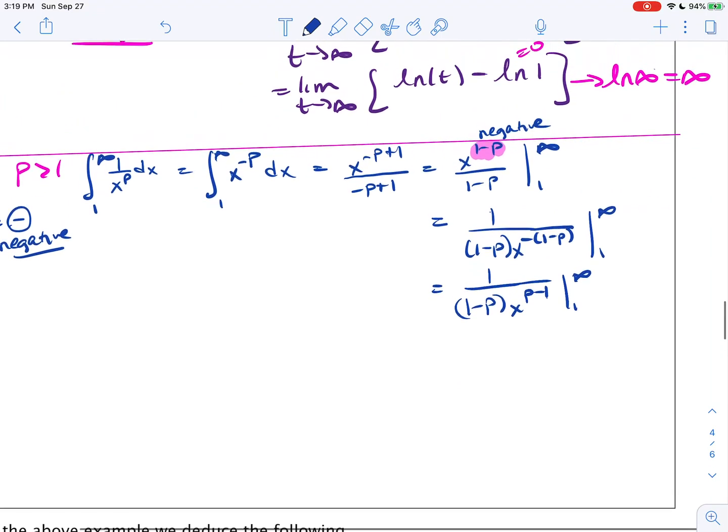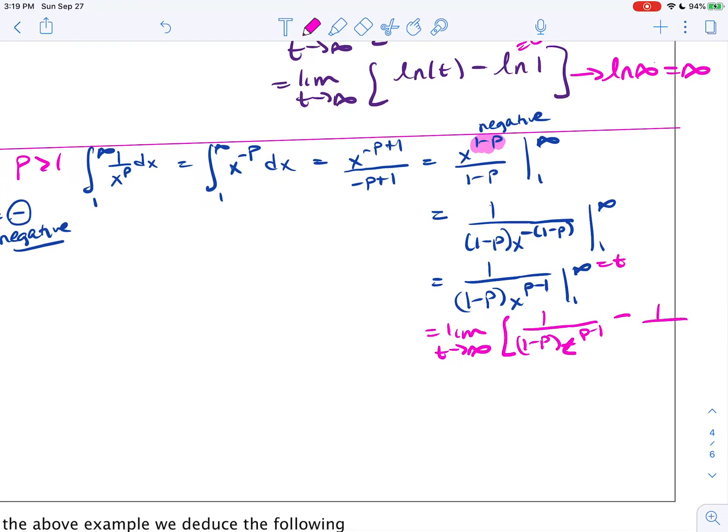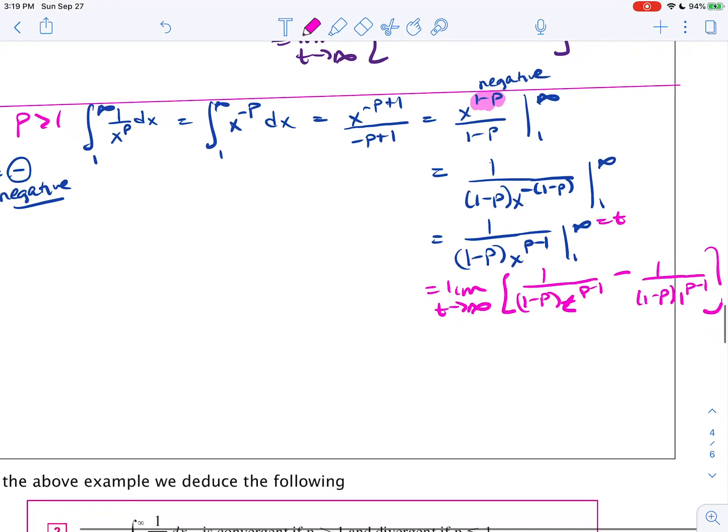Using our limits of improper integral, that's going to be the limit as t goes to infinity, this being t, of 1 over 1 minus p times t to the p minus 1, minus 1 over 1 minus p times 1 to the p minus 1. And because p is bigger than 1, t stays in the denominator.